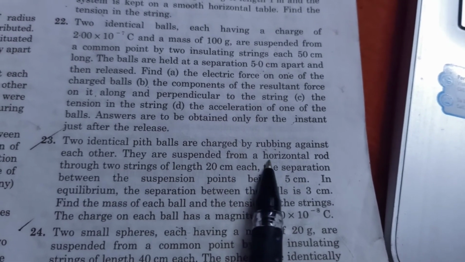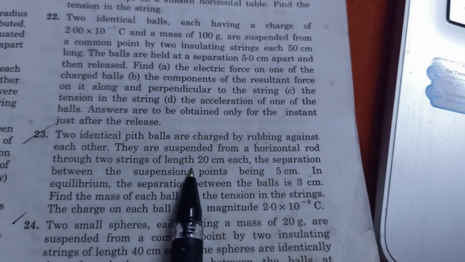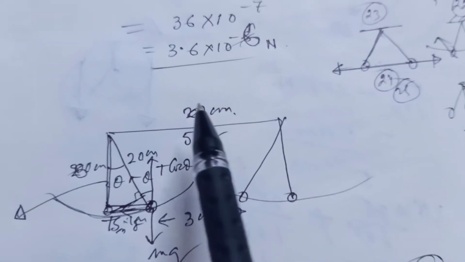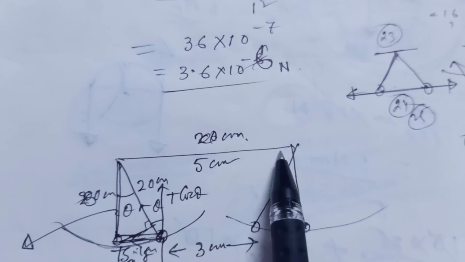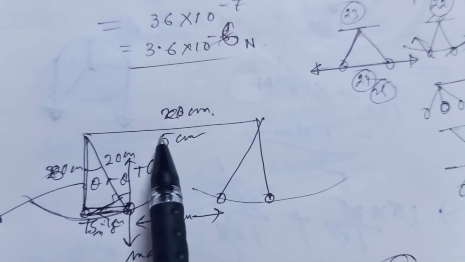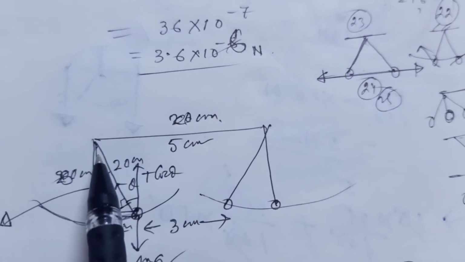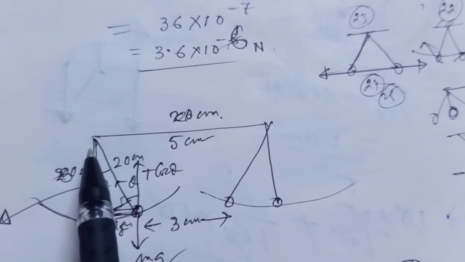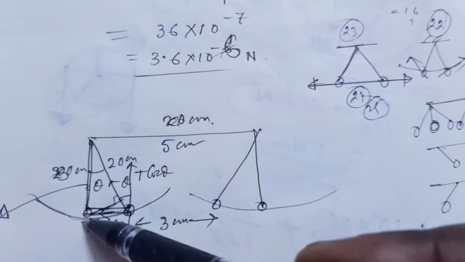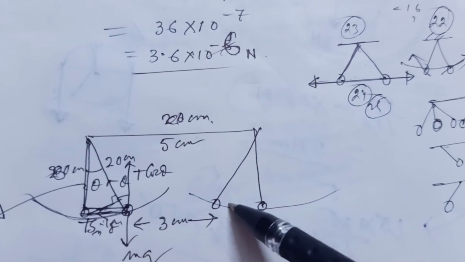They are suspended from a horizontal rod through two strings of 20 centimeter each. So this is that particular setup, and this is a horizontal rod, and this is a 5 centimeter separation, and the string is 20 centimeter. This is the string, not this one, because these two balls attract each other.